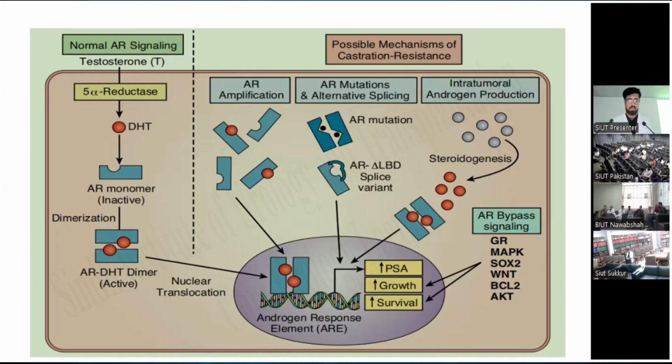Sir, androgen receptor mutation, there is increased production of androgen receptors which is lacking the ligand, where the androgen is supposed to be attached to activate this receptor. So this is deficient and it will be indirectly active. Like directly it will go to the cell and nucleus and it will produce its supposed mechanism.